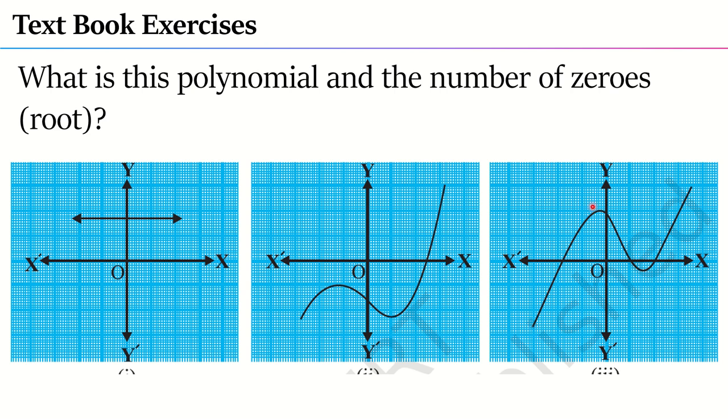The third example is an S-shaped curve, a cubic polynomial, and there are 3 intersection points: 1, 2, 3. So the number of zeros is 3.